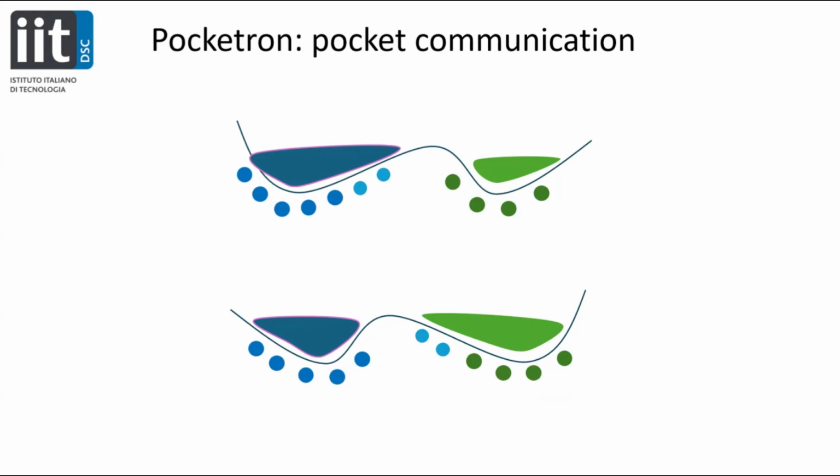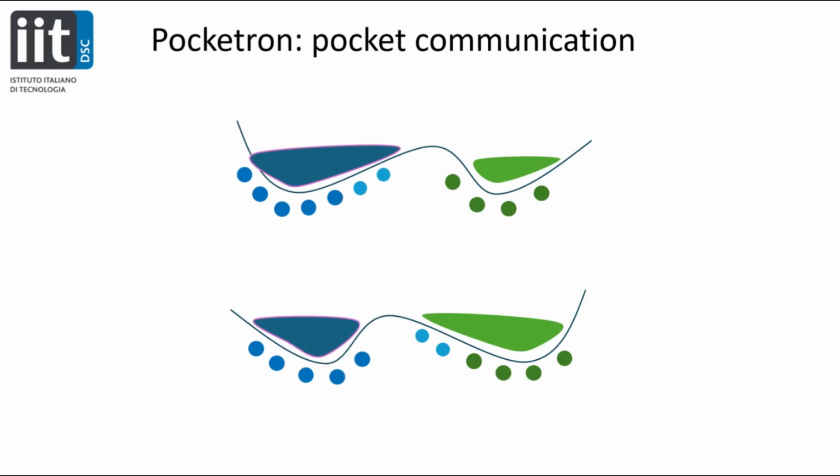The definition we gave is that you have two pockets that get detected, and as I said, they are characterized by these surrounding atoms, surrounding residues. Our definition of communication is that when these residues are able to move from one pocket to another, so you have a pocket here, another pocket here, and they first surround one pocket, and then in another step they surround another pocket, it means that these two pockets have a certain degree of flexibility.